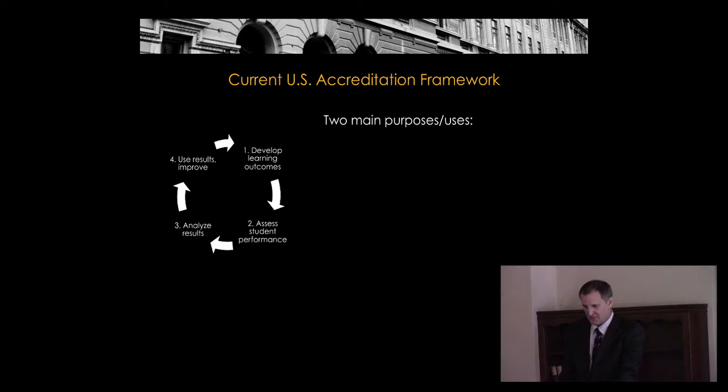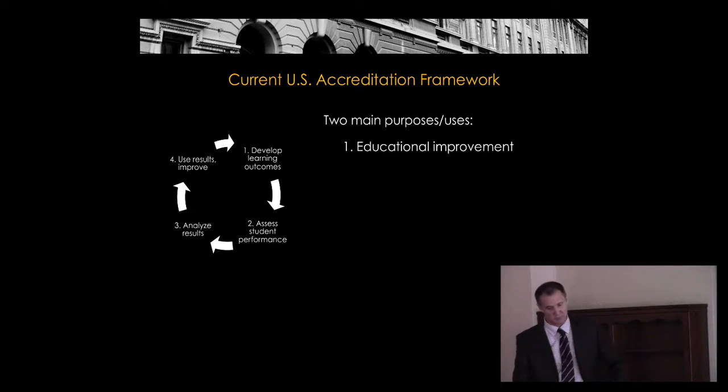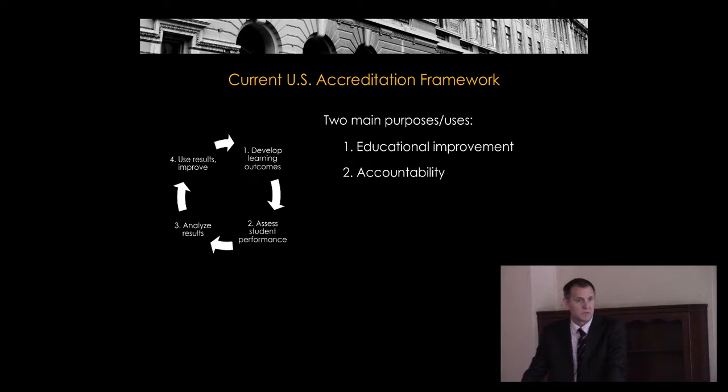And it has 2 main purposes, right? Educational improvement, ostensibly on the one hand, but it's also an accountability system in name as well. The reason we've had these changes in accreditation is indirect pressure applied by the federal government to accreditation commissions, who have sort of been deputized to play an accountability role because of concerns with economic competitiveness and all of these sorts of discourses that circulate from time to time about the quality of education at all levels, but in this particular case, higher education.